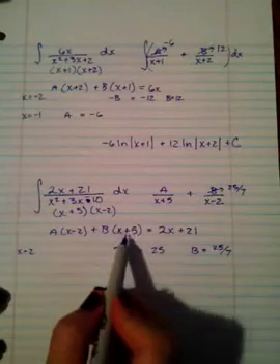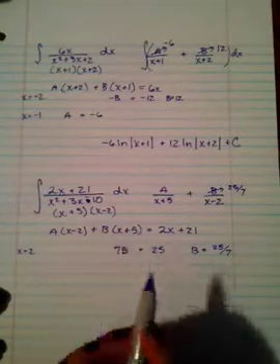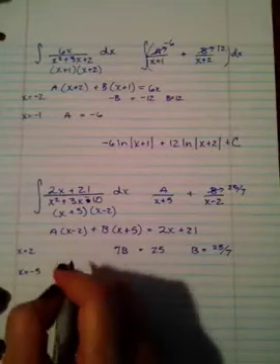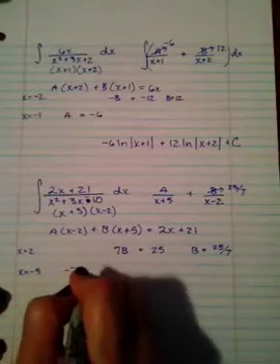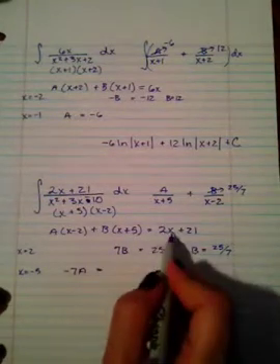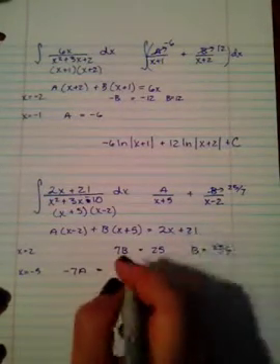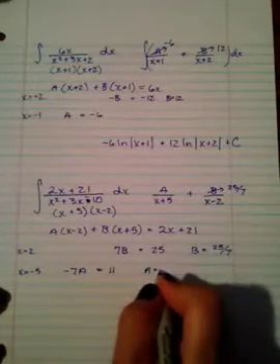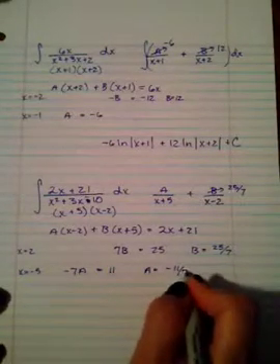The next value will be a value of x that makes the second term 0, so x equals -5. -5 minus 2 is -7. This term goes to 0, equals 2 times -5 is -10 plus 21 is 11. So from this I know a equals -11/7.